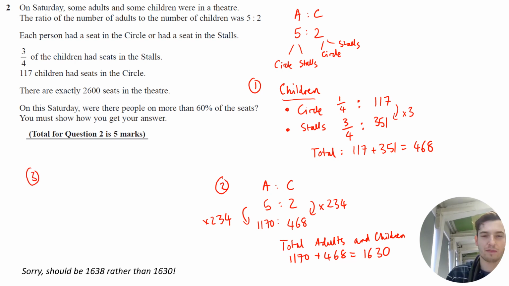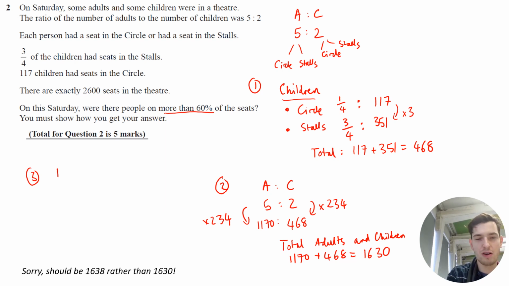Third step. Okay, there are exactly 2,600 seats in the theatre. On this Saturday, were there people on more than 60% of the seats? So if I work out what percentage of the 2,600 seats were occupied and then compare it to 60%, I can have my conclusion.